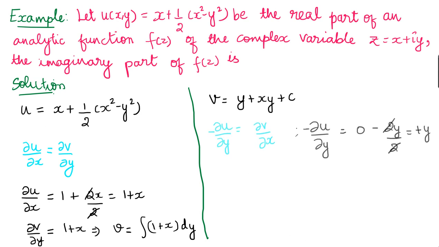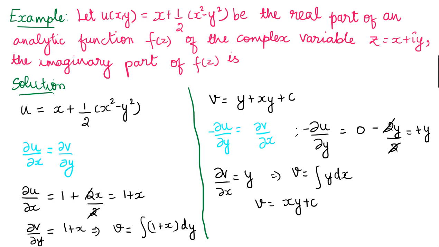Next, the second equation is -∂u/∂y = ∂v/∂x. On differentiating u with respect to y and using the minus sign, I get y. So ∂v/∂x = y, and when I integrate with respect to x, I get v = xy + c. Here c is again the integration constant.